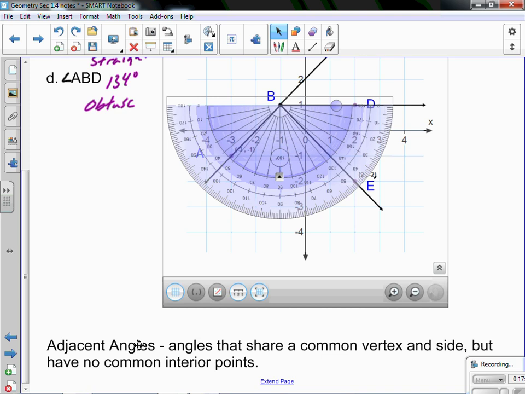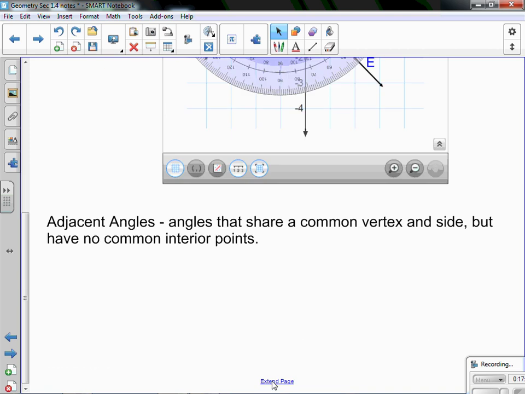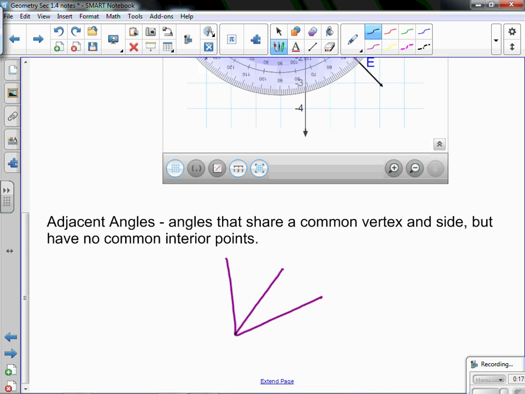And it says adjacent angles are angles that share a common vertex and a common side but have no common interior points. So when we talk about adjacent angles, those are angles that are side by side. They share a common vertex, right? They all have the same vertex there.